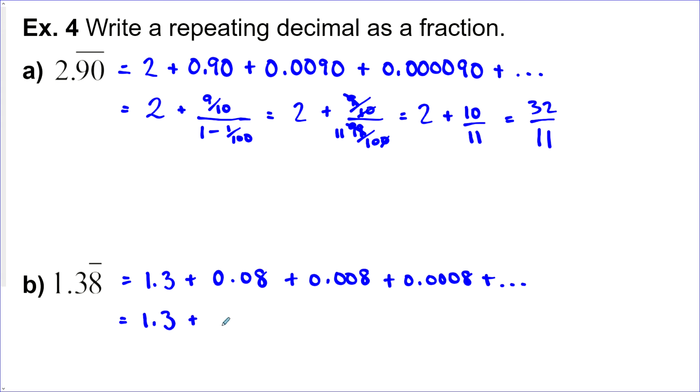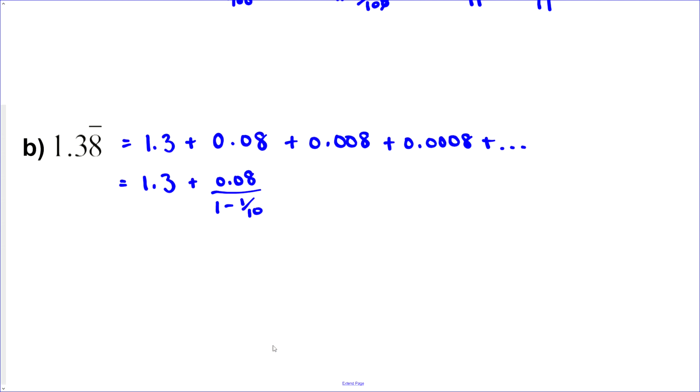Our first term is 0.08, and this time the common multiplier is 0.1, or 1 over 10. Now I'm going to change everything into fractions because I find they're easier to work with. So this would be 13 over 10, and this is 8 over 100.